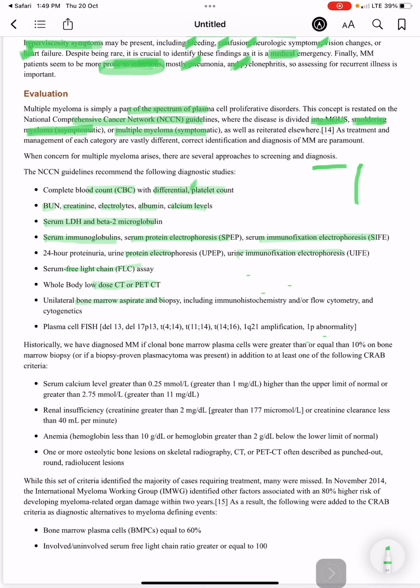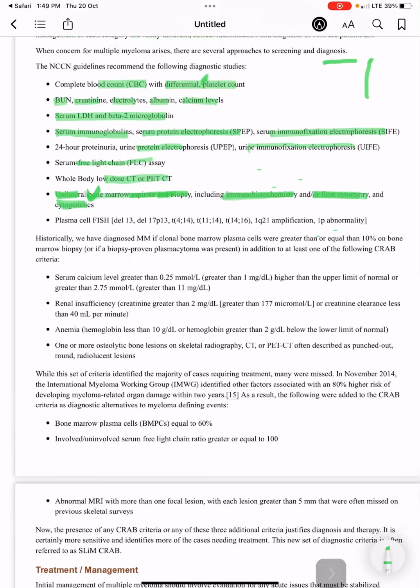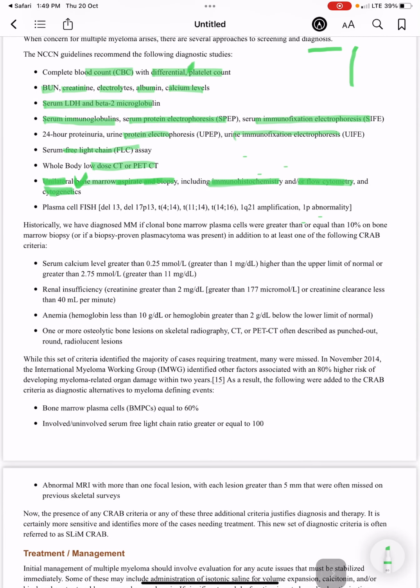And a unilateral bone marrow aspirate and biopsy, including immunohistochemistry, flow cytometry and cytogenetics. Plasma cell FISH, so we have to look for these abnormalities: deletion 13, deletion 17p, translocation 4;14, 11;14, using the fluorescent in situ hybridization technique.